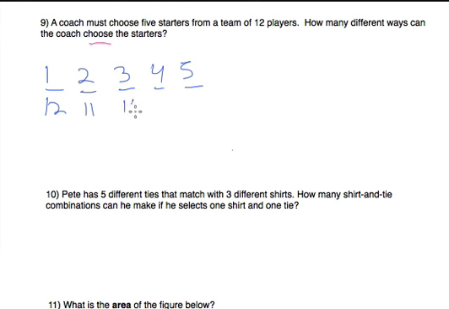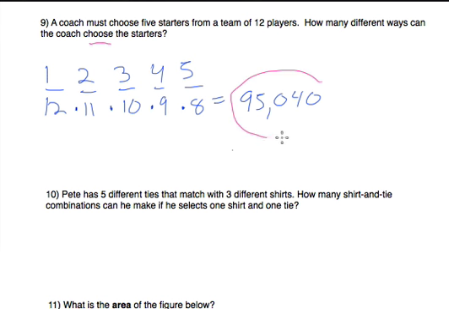For the third, 10. For the fourth, 9. And for the fifth, 8. And then you multiply all those together. 12 times 11 times 10 times 9 times 8. There are 95,040 different permutations.